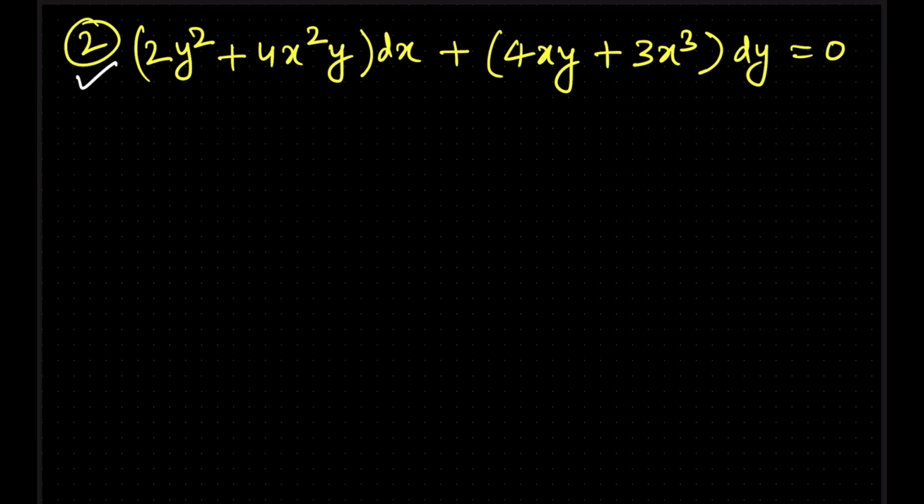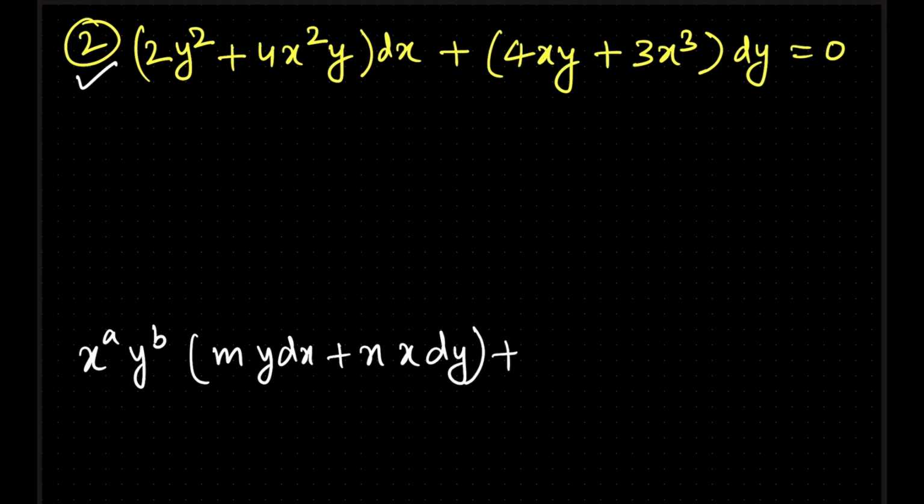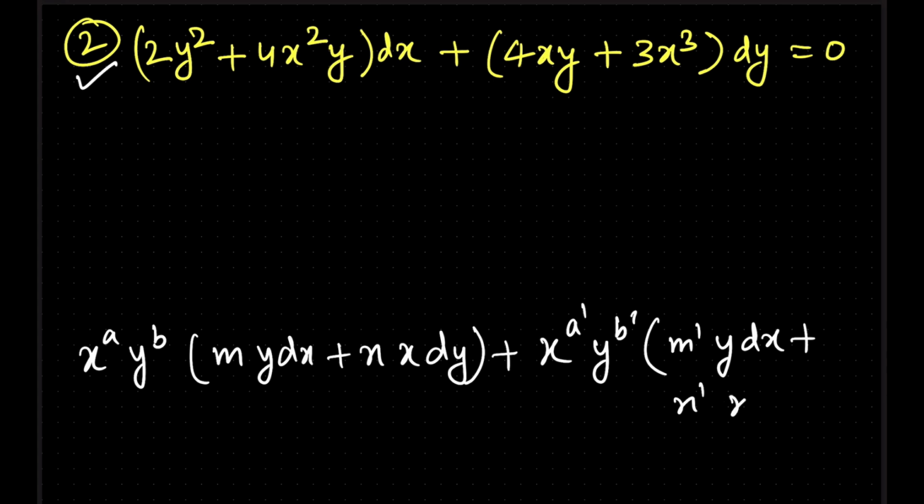So what we will do, we want to first convert this into our general form. So our general form is x to the power of a, y to the power of b, then m times y dx plus n times x dy. Then again same thing, x to the power of a dash, y to the power of b dash, then m dash y dx plus n dash x dy is equal to 0.